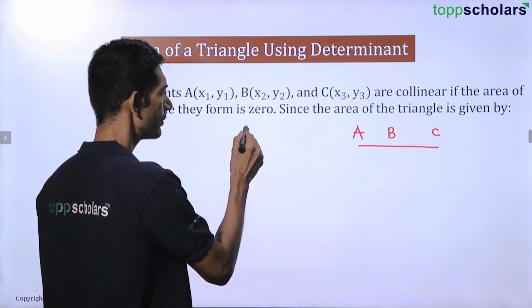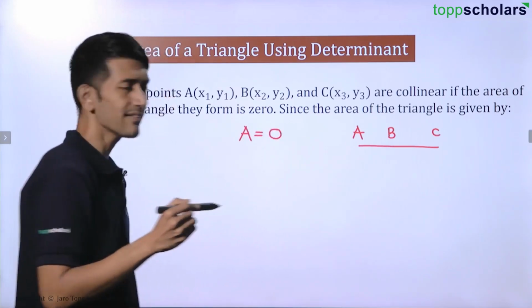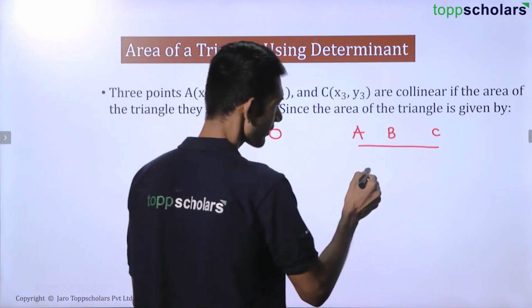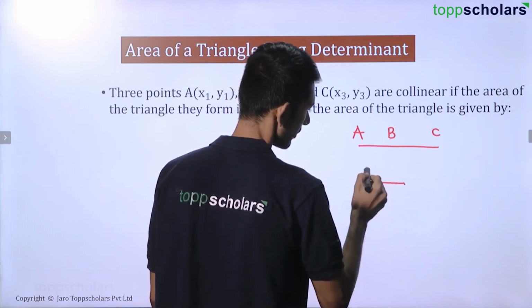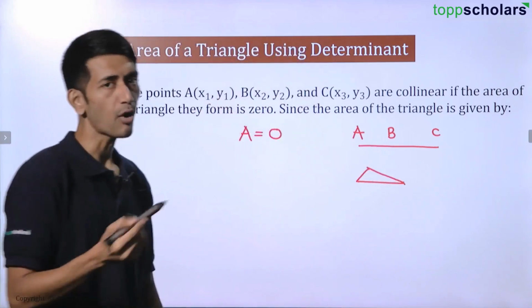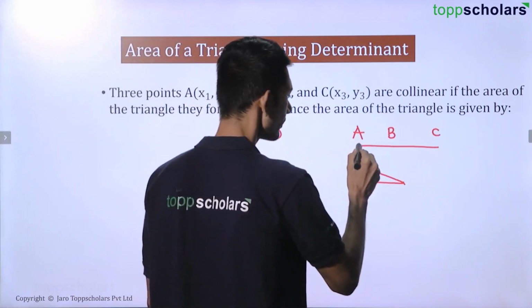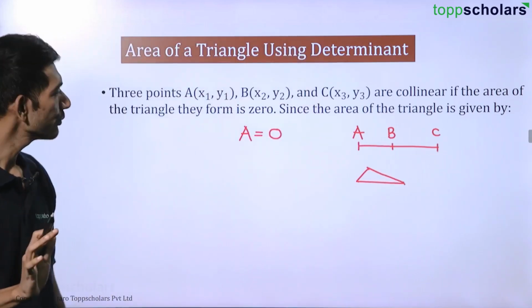It's quite obvious, no? Whenever you have 3 points, there are only 2 possibilities. One is those 3 points will form a triangle. Second is those 3 points are collinear. I hope this part is clear.